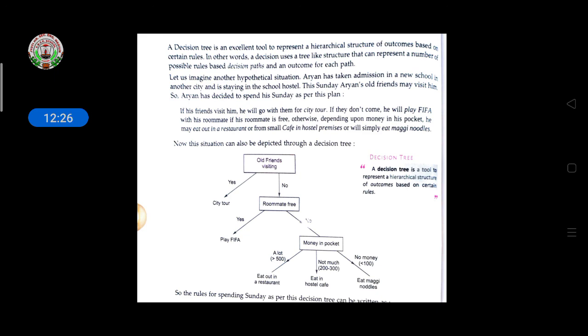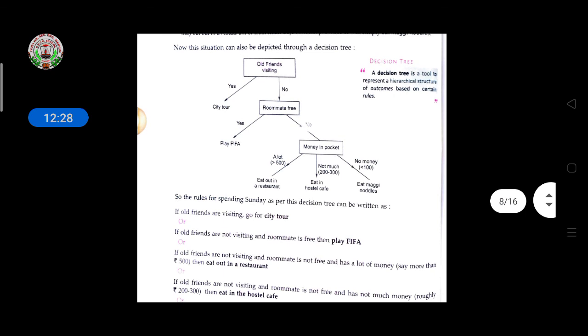Like this he makes the decision. If his roommate is free, then he will play FIFA, otherwise he will see the money in his pocket.